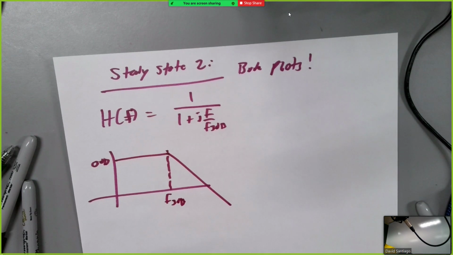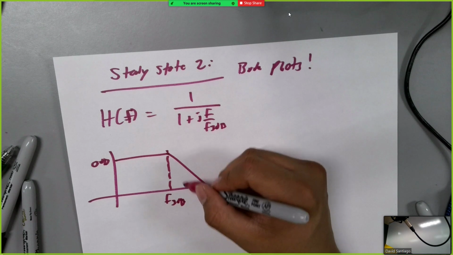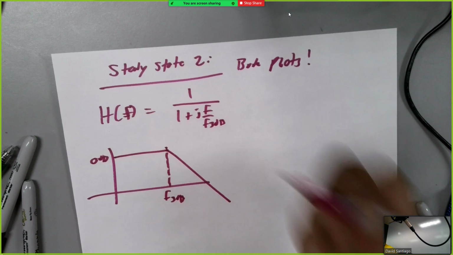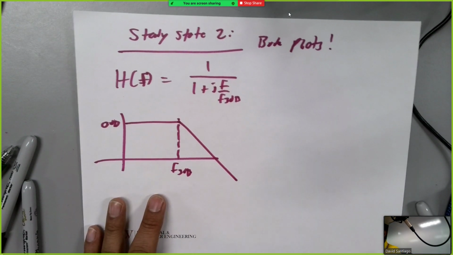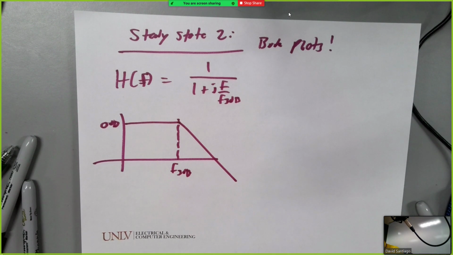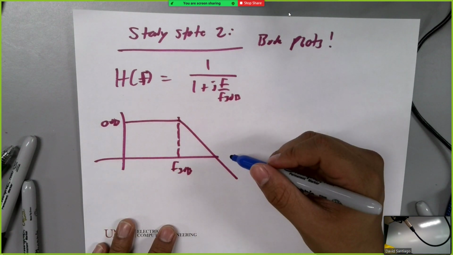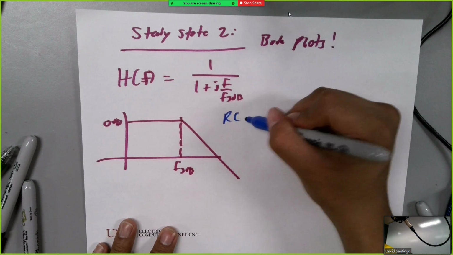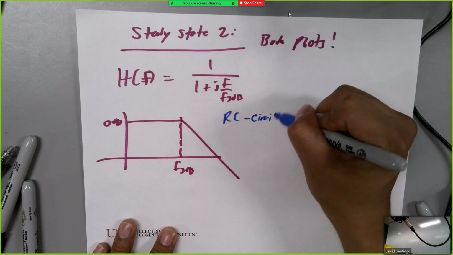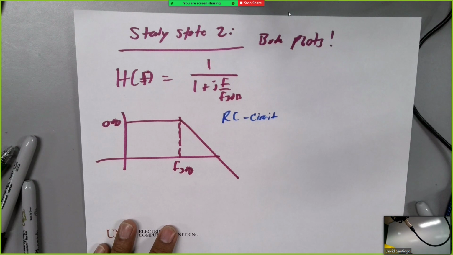Okay, remember that stuff? And then you would look at the frequency, and this right here is f3 dB, and you would just calculate your output based on this, right? And if I were to do a phase response, right, this looks like an RC circuit. Okay, what's the phase response?